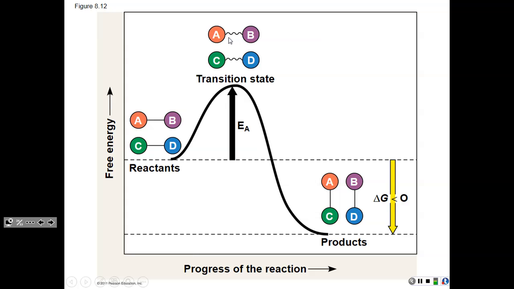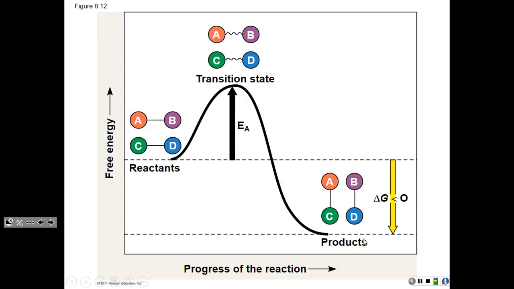The point is that somehow or other, we need to get these molecules excited so that they achieve what's called a transition state. And then once they're at the transition state and things are all sort of shook up here, then you can go back either to the reactant state, or from this position, you could fall this way, or you could fall this way.